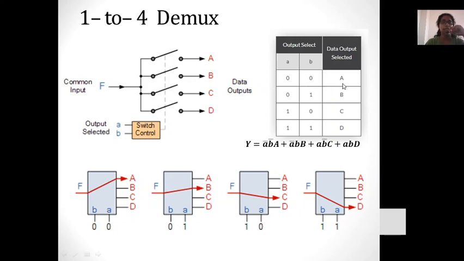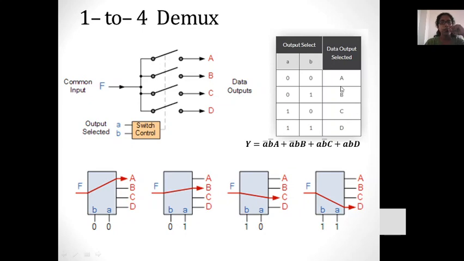A. That means the input F is switched to A. And when A is 0 and B is 1, the input will be switching to B. And if it is 1, 0, the input is switching to C. And if it is 1, 1, the input is switching to D. So one input is distributed to these 4 outputs at different times or different conditions of control signals.